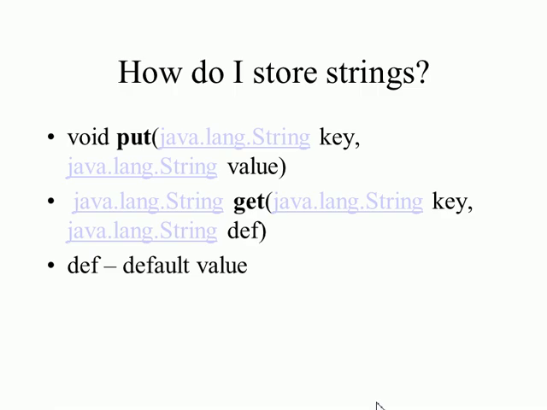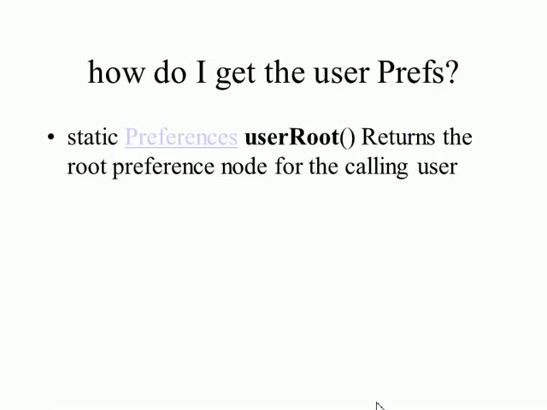So you have to know the key in order to be able to get the information back out. And you can supply default values in case it doesn't find what you're looking for. And there are user preferences, and then there are system preferences. And these are both part of the Java API from a very early stage, I think 1.3 or something like that.